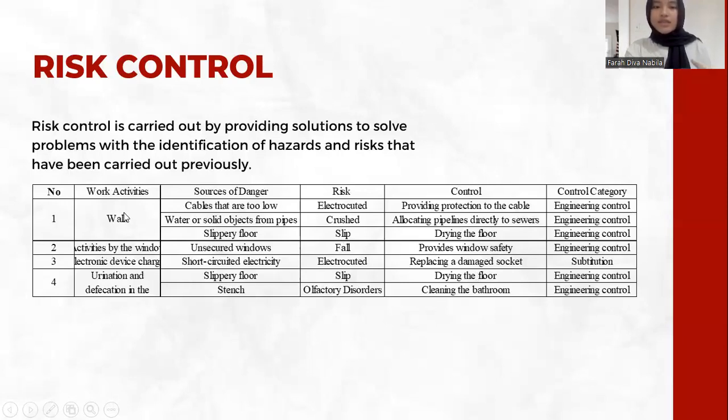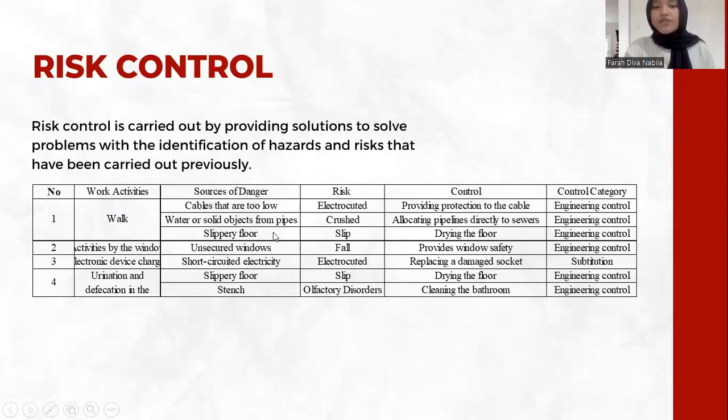Next, the work activity is activities by the windows. The source of danger is unsecured windows, and the risk is falling, so the control is providing window safety. The control category is engineering control. Next, the work activity is the electronic device charger.